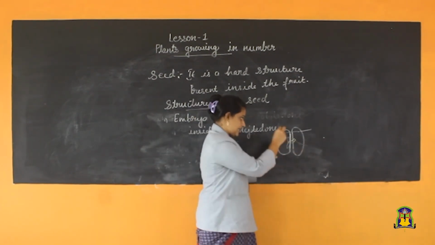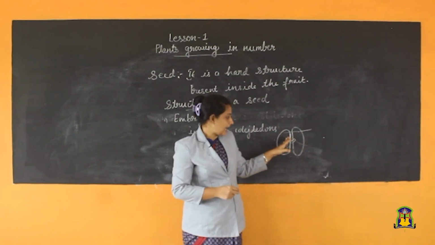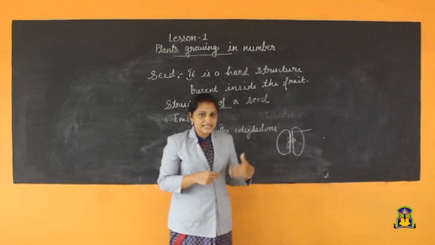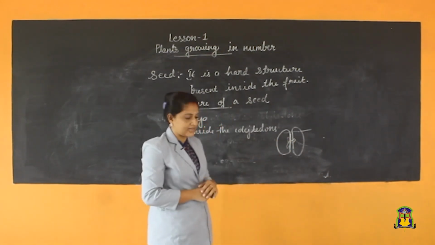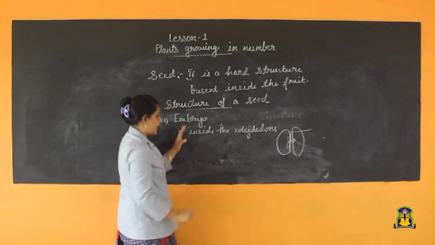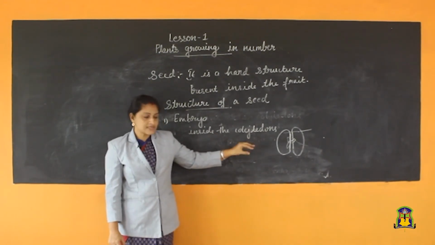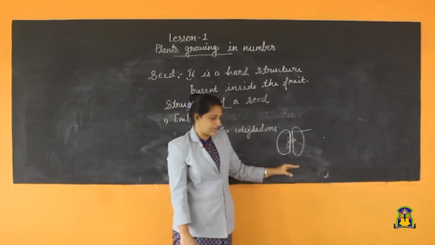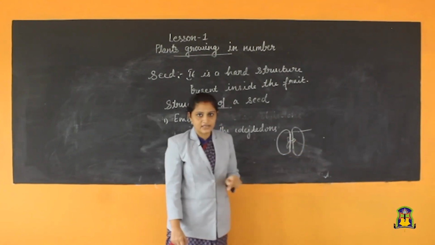And here we can see the baby shoot or plumule. This plumule later will grow into the shoot of a plant. So the embryo, which we see inside the cotyledons, has two minute parts: plumule and radicle.